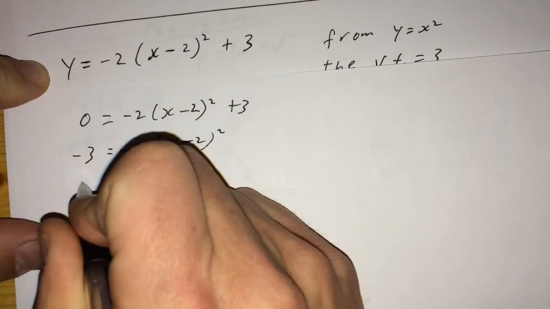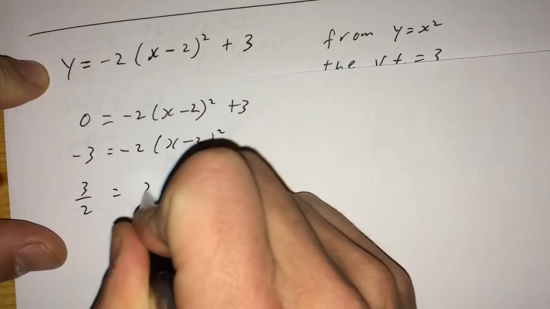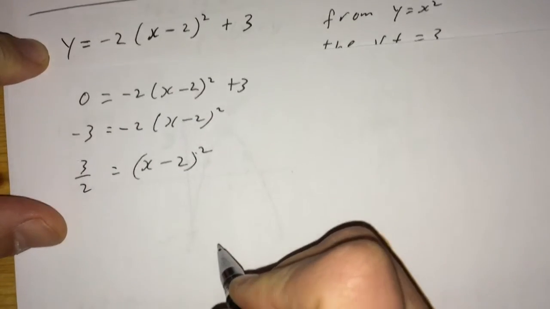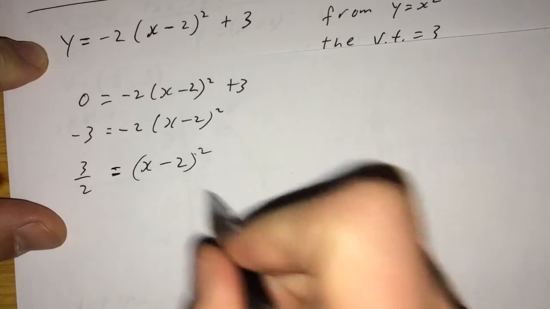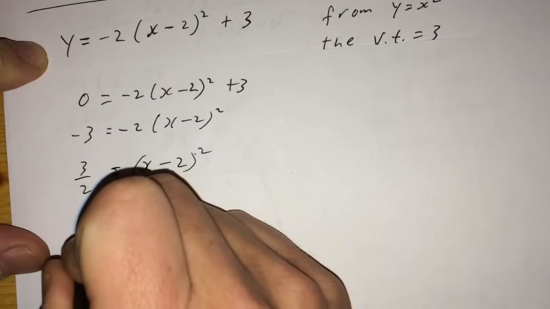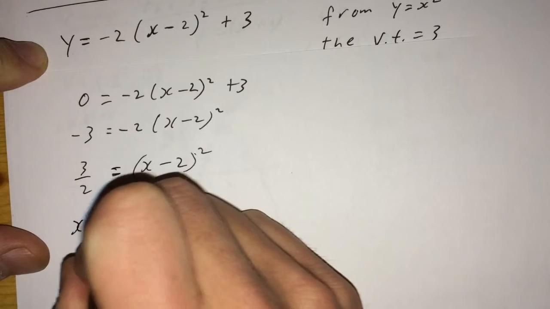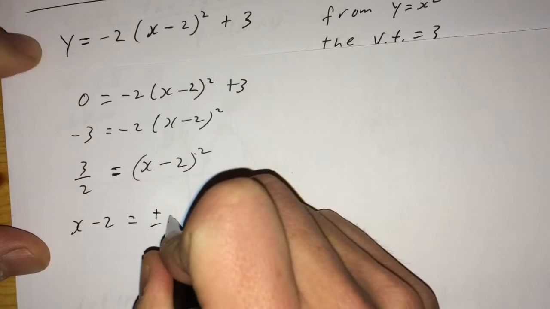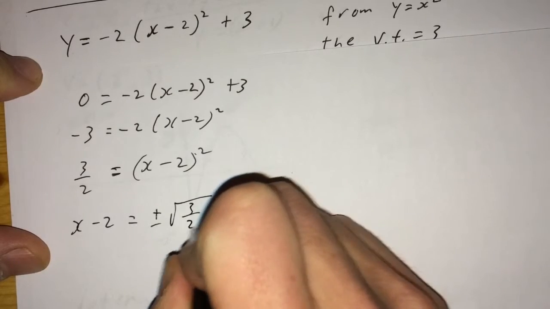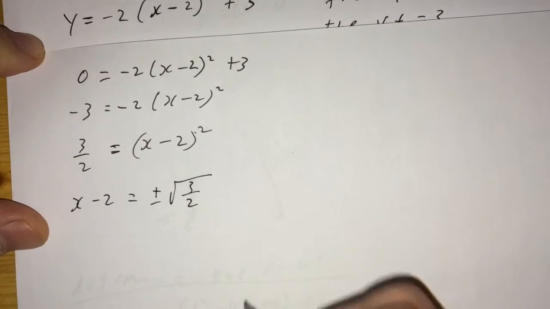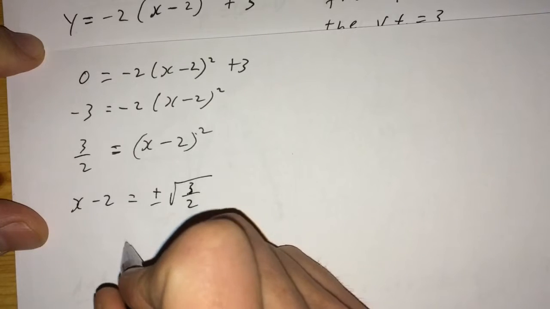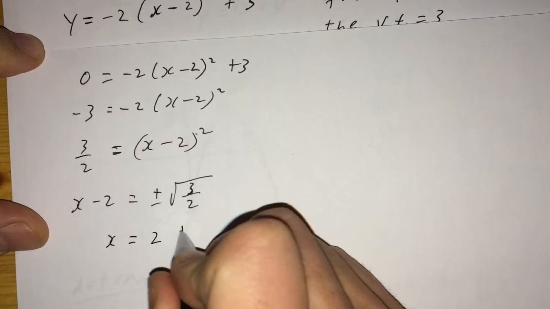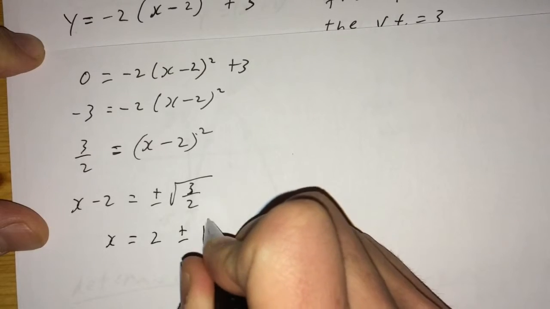Divide by negative 2, so you get 3 halves equals (x minus 2) squared. To get rid of that squared, I can change sides here, so x minus 2 equals plus or minus the square root of 3 over 2. Now you can bring the 2 over, so x equals 2 plus or minus the square root of 3 over 2.